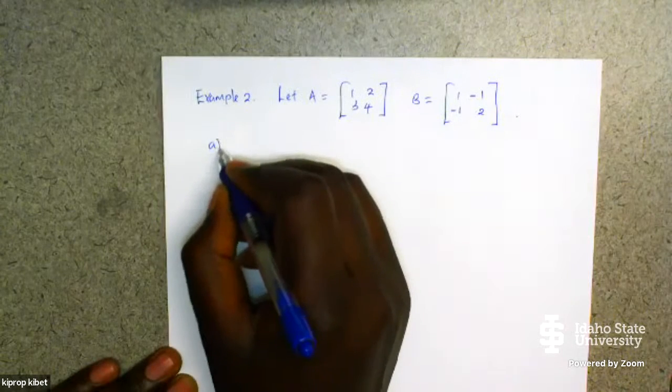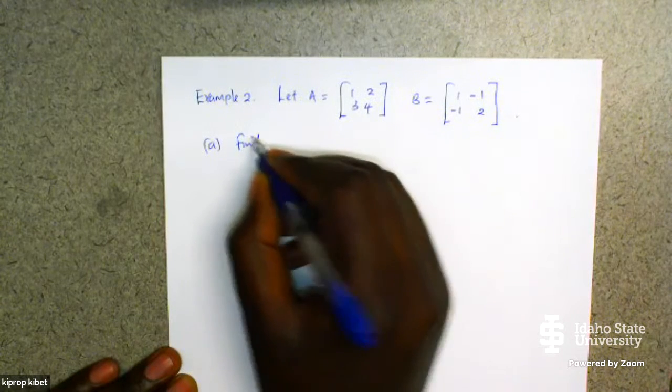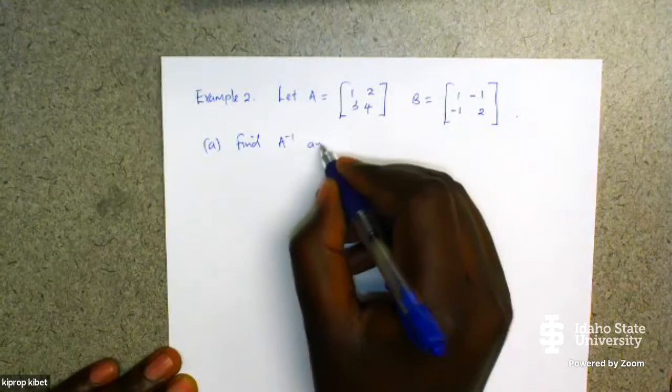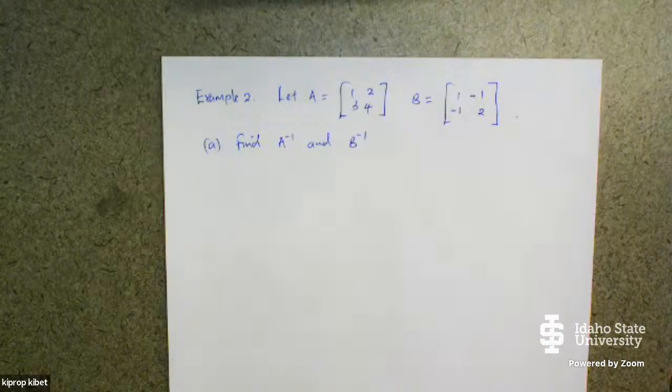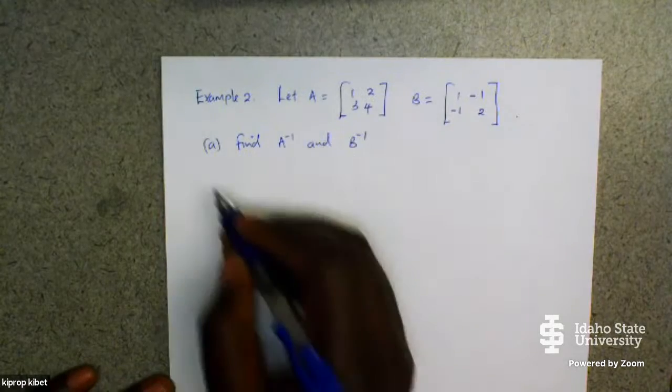Part A: let's find A inverse and B inverse. So what is our A inverse? Solution.